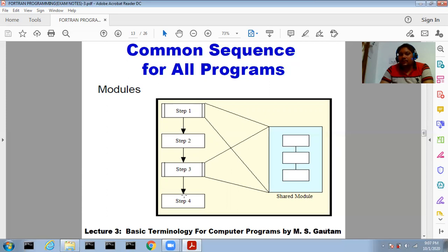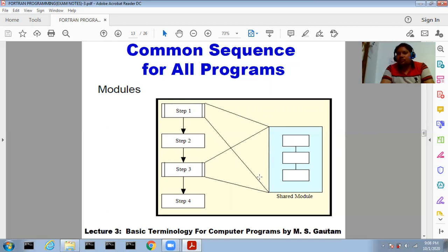And then finally the program will go to step 4. So in this way, whenever some mini program is used at more than one place and the same kind of calculation is used, this type of structure is known as a module structure in the main program.